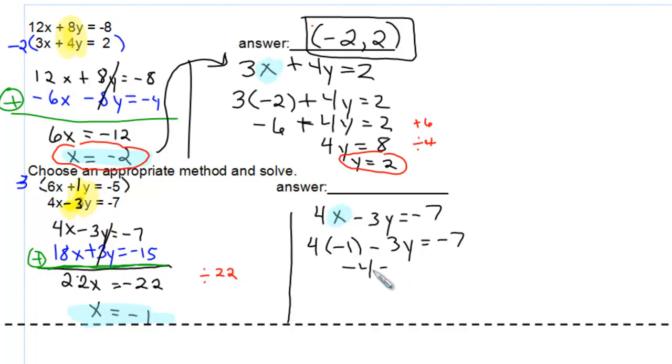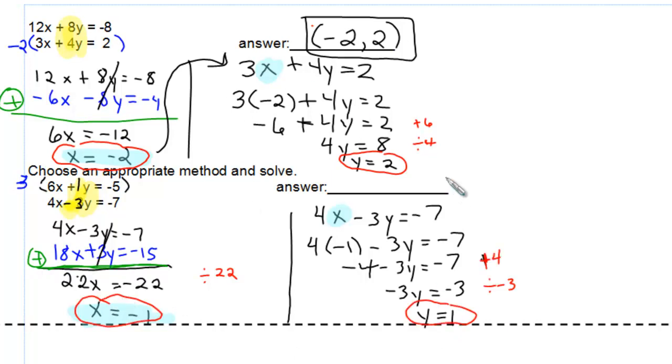Negative 4 minus 3y equals negative 7. Add 4 to both sides, and negative 3y is equal to negative 3. Divide by 3, and y is equal to 1. So the solution to this system of equations is negative 1, 1.